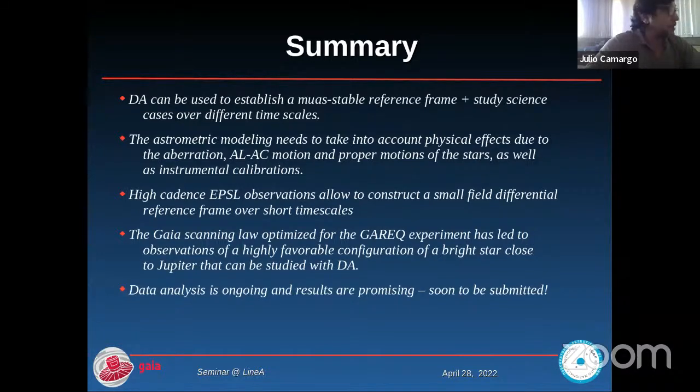Okay, thanks for the excellent presentation. When you showed some pictures to illustrate the effect of the deflection by Jupiter on stars, my question is: is it possible that the inner satellites may also influence the position of the star?